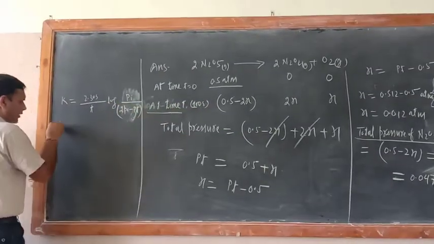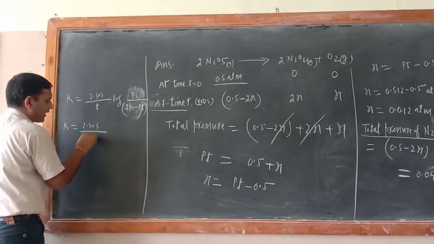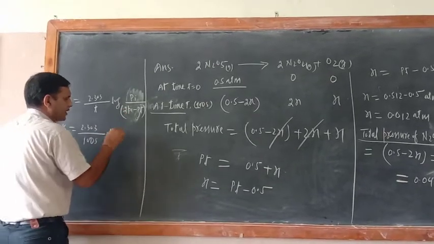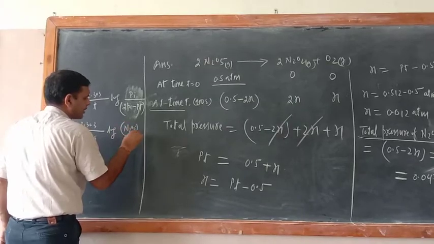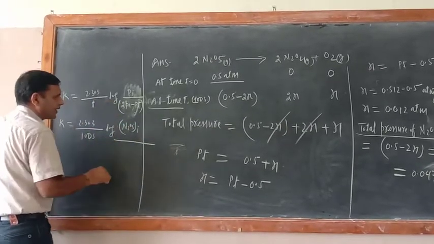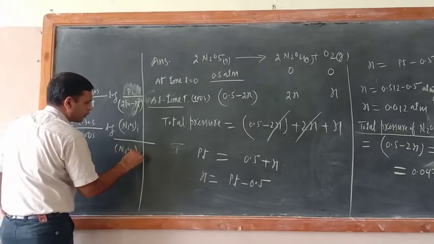So here you can write K equal to 2.303 divided by 100 second, log. Here directly write N2O5 initial pressure, I means initial pressure, divided by N2O5 total pressure.